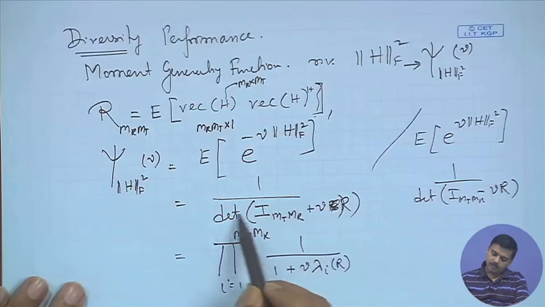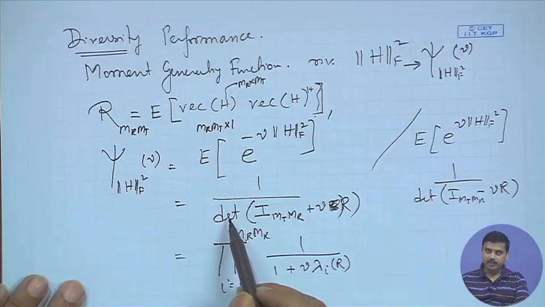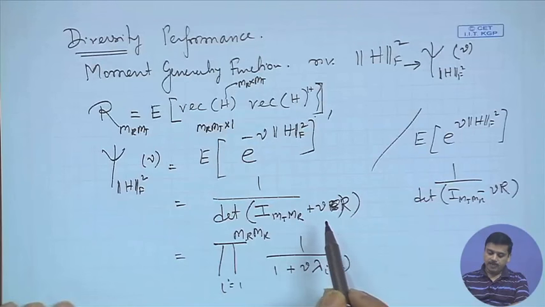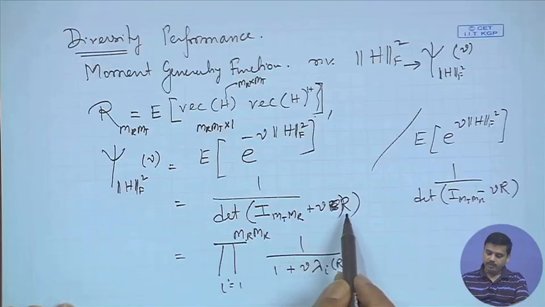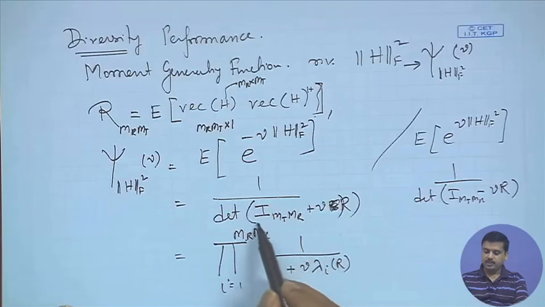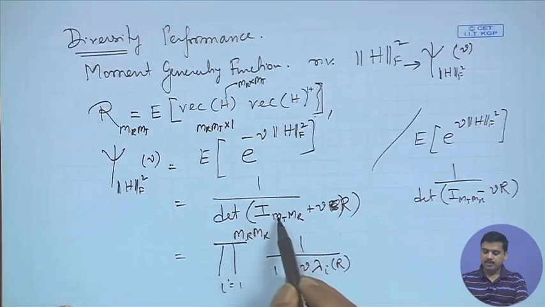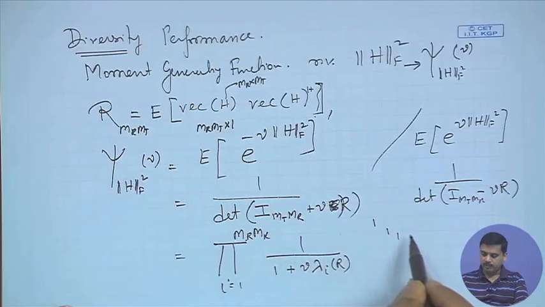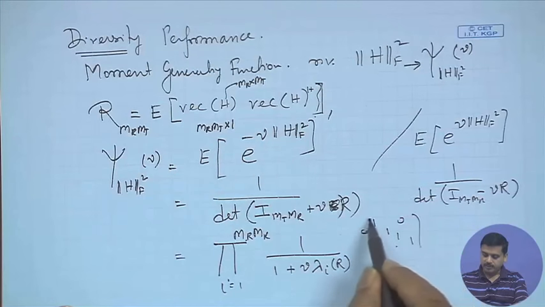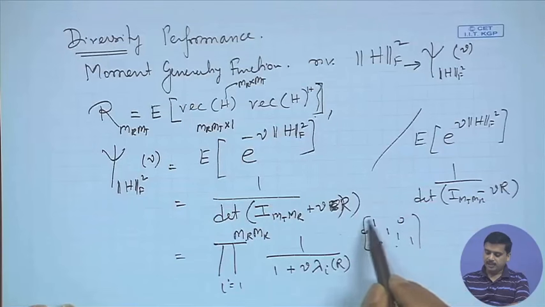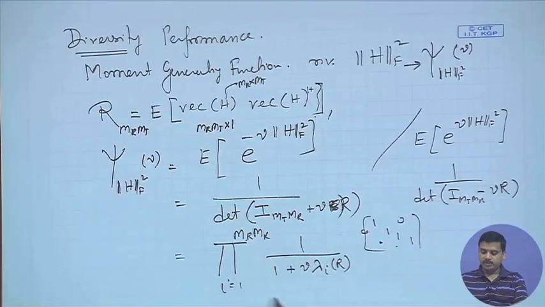So the determinant is the product of the eigenvalues, where the lambda i's are the eigenvalues. This matrix is an I matrix, that means it is 1 1 1 1 and zeros elsewhere, right? So basically the diagonal entries get this 1 added to them. So the determinant can be formed in this fashion.